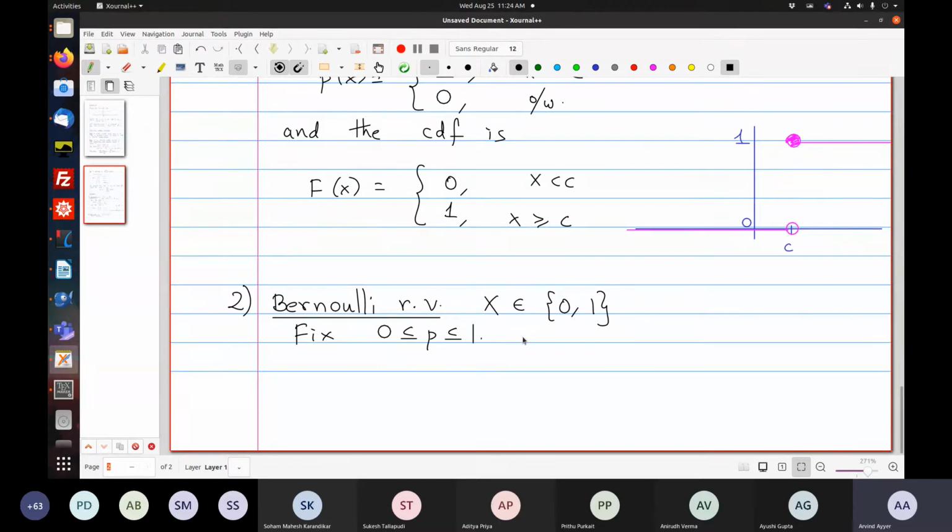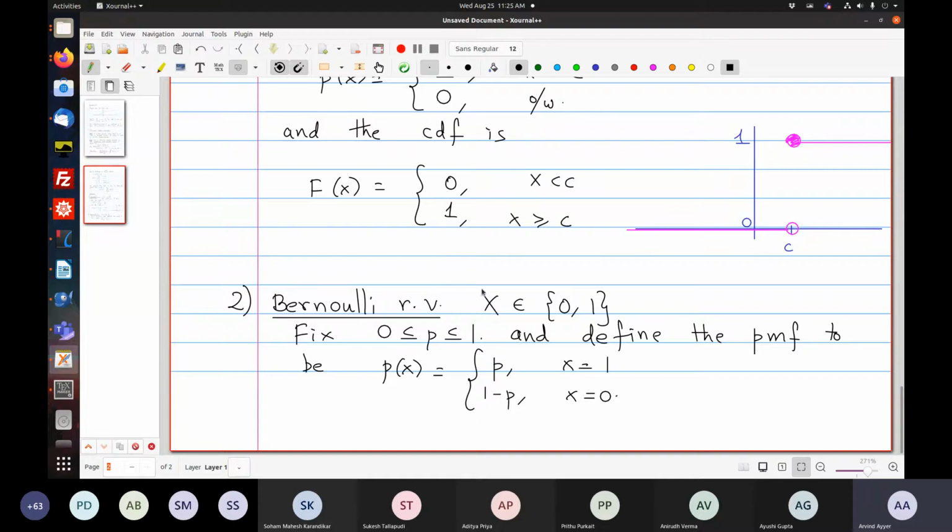It can take any of these values, and define the PMF to be P of x equal to p when x is 1 and 1 minus p when x is 0. I'm not saying 0 otherwise every time. I think it's clear. X lives in 0 and 1, so it can take only these 2 values. Okay?